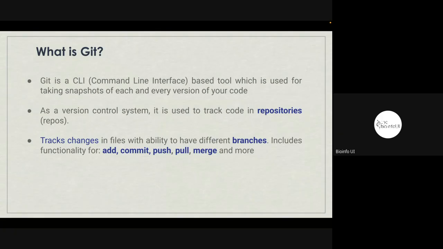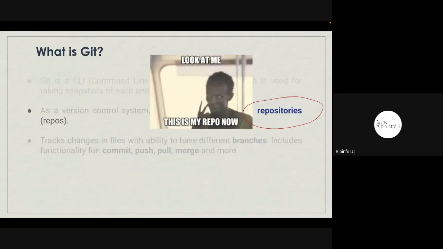So it really has different functionalities which you can already see on the screen here. We'll get to see how each of these options works going forward: how we can use Git to add files, to commit them, to push them to GitHub, to pull changes you've made on GitHub down to your local computer, and how to merge different branches and more.